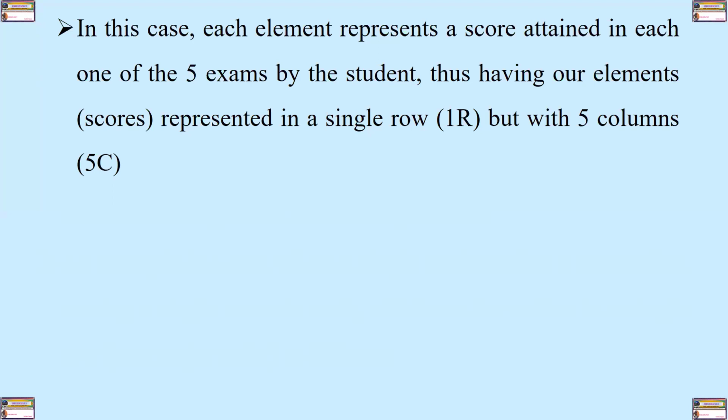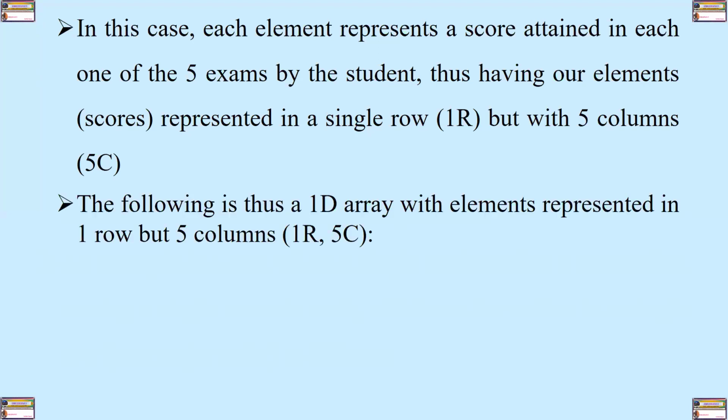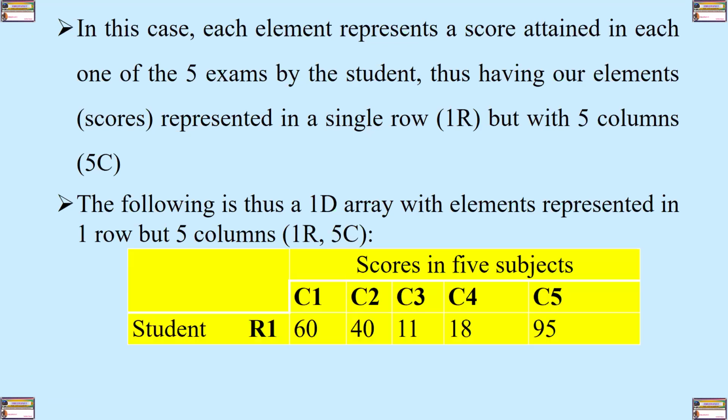But of course, just as I've said, if you look at the elements through the eye of columns, then you would say that those elements are also in columns, but a single element per column. So we ignore that. The following is therefore a one-dimensional array with the elements represented in one row. But of course, just as I've said, you can talk of 5 columns.